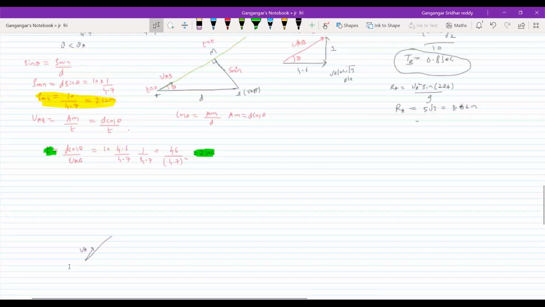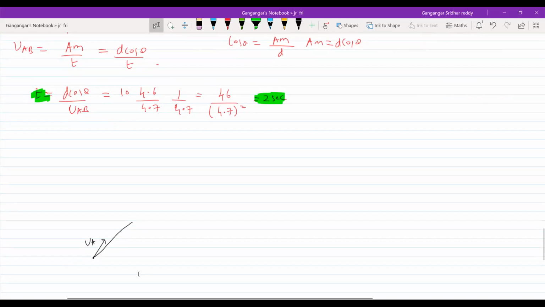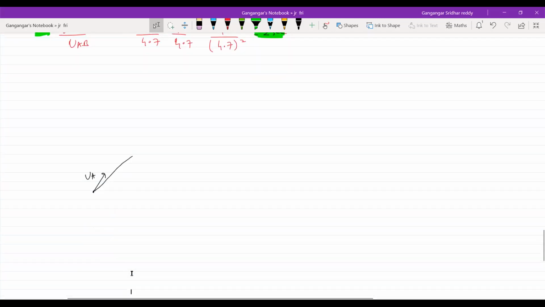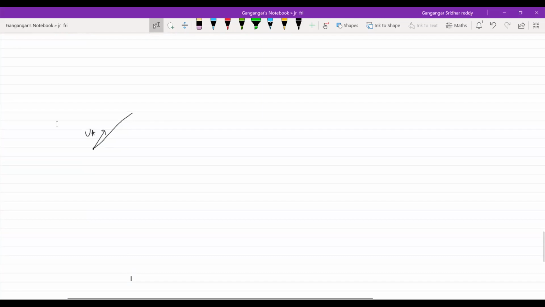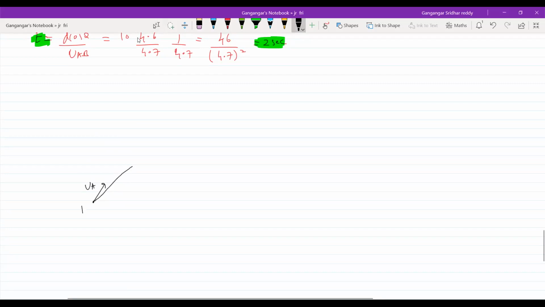I was here, no? Okay, now see the things. This was the initial reference line. The trajectory of A will cross like this, agree?